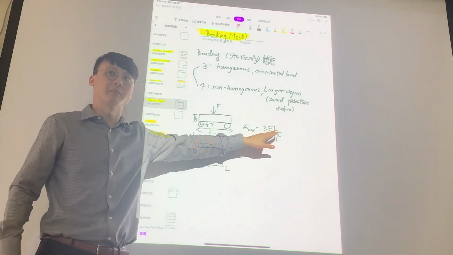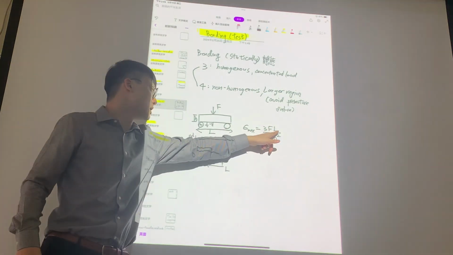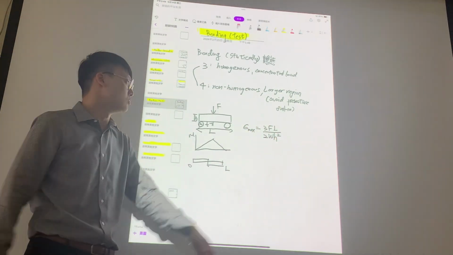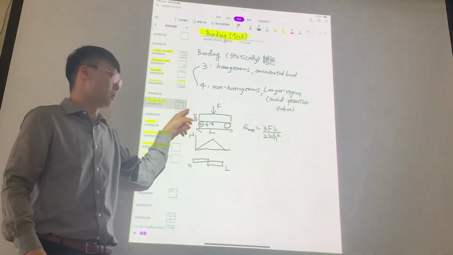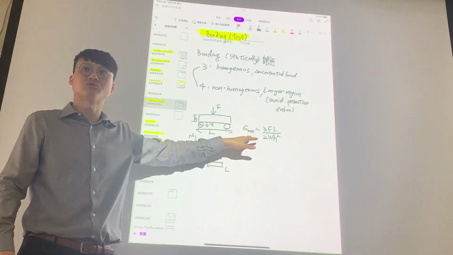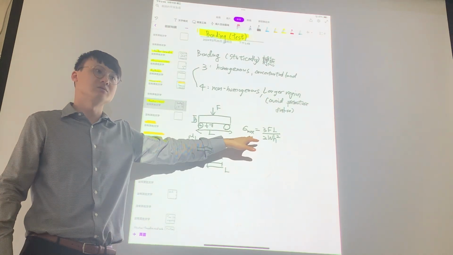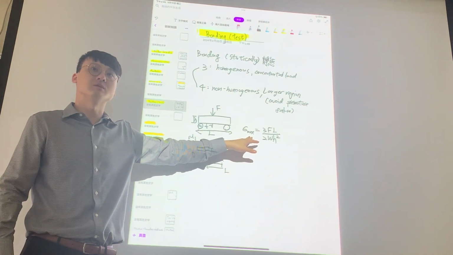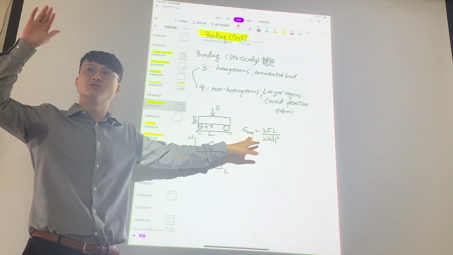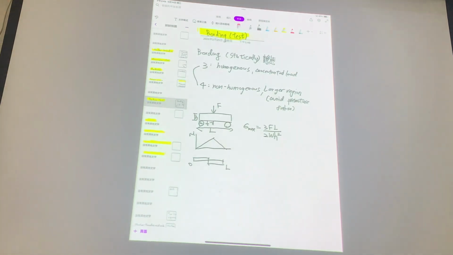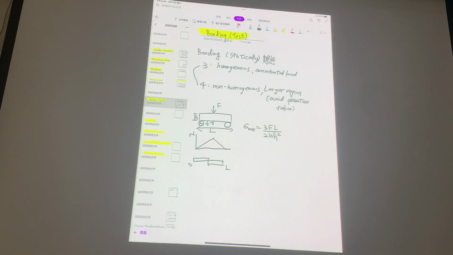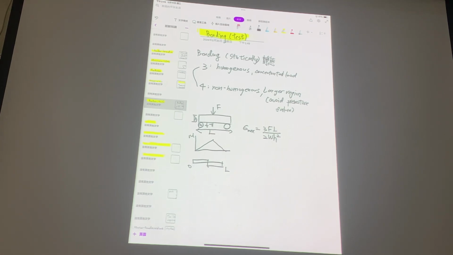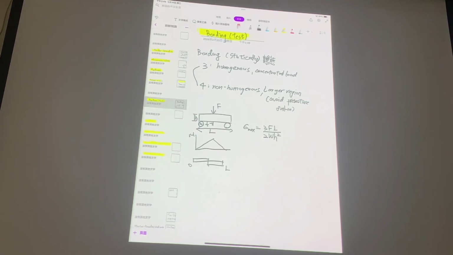You measure the length, W is your width, H is your thickness, and you get the stress, which is the ultimate tensile strength. So when we normally talk about ceramic materials, when we say strength, it's equivalent to yield strength and ultimate tensile strength.